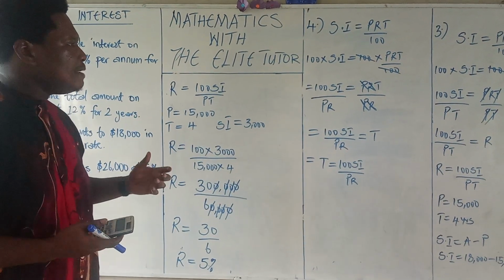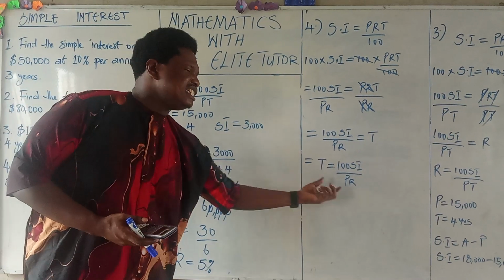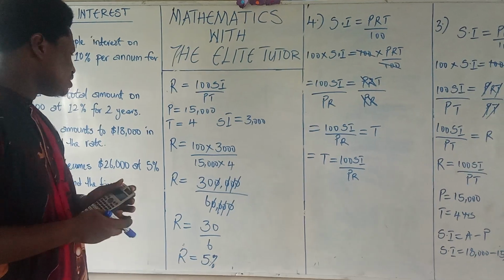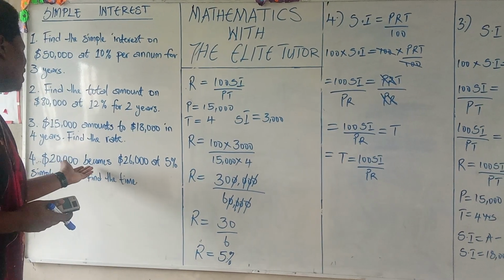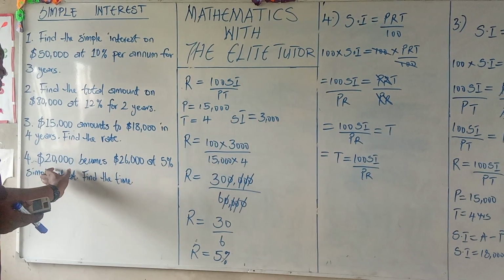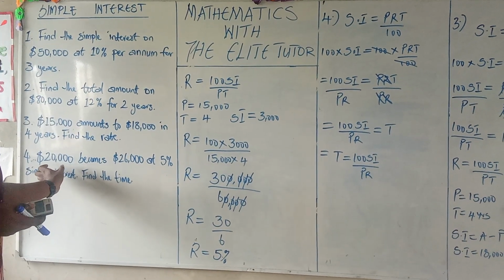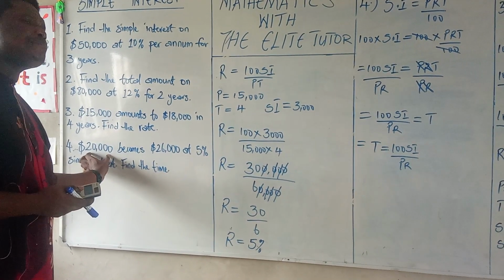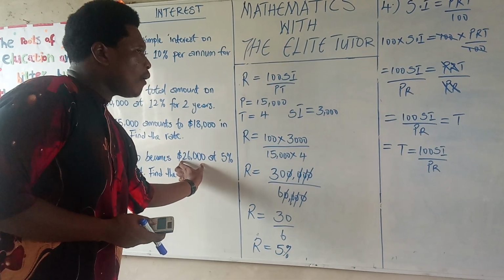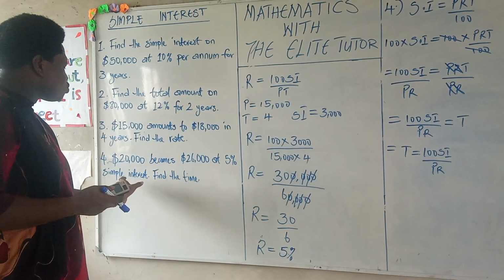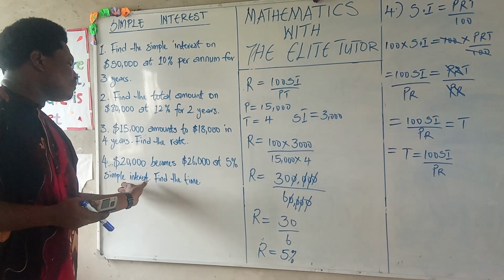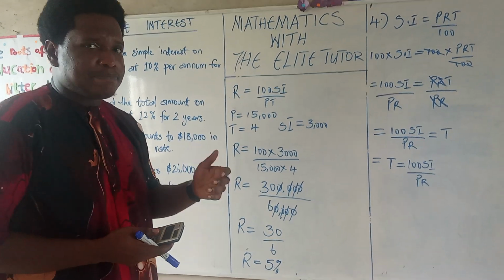So we can go ahead and input the parameters into this formula. But before doing that, let's bring out the parameters. Now we have $20,000 becomes $26,000. $20,000 here is our principal, while $26,000 here is our amount. So in this question we are also going to ascertain the simple interest.